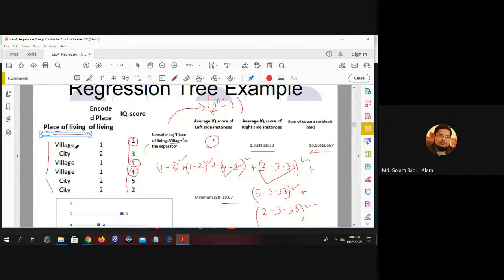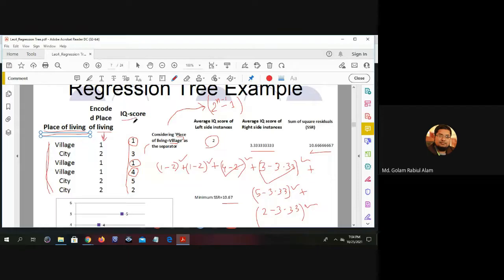The place of living has just two types, village and city. For implementation, we have to encode these, like village equals 1 and city equals 2. For manual calculation there is no need for encoding, but if you implement this, you have to encode.